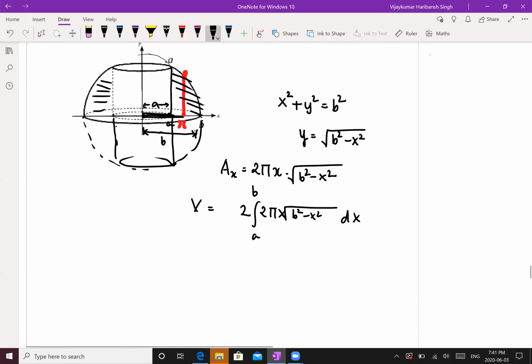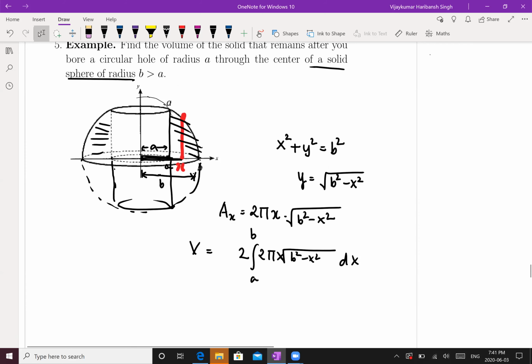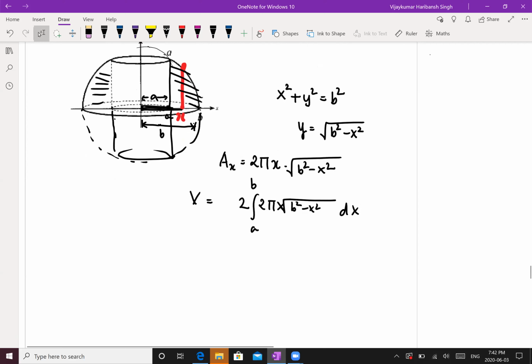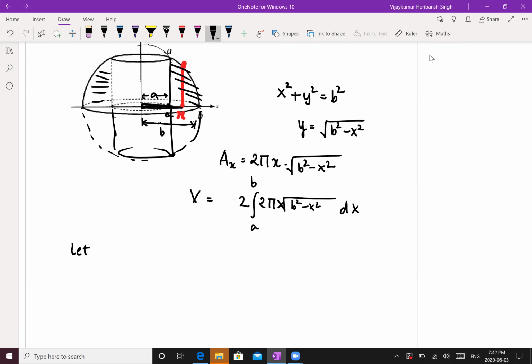So how do we go about it? You can use the substitution. So how do you use the substitution rule? So let b squared minus x squared be u. In that case, what do we get? We get minus 2x dx equals du.